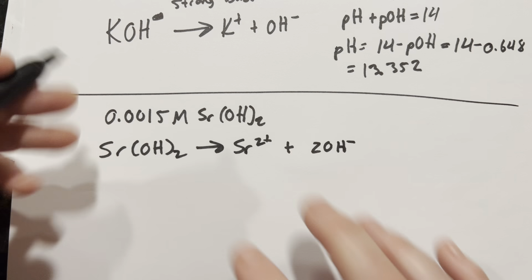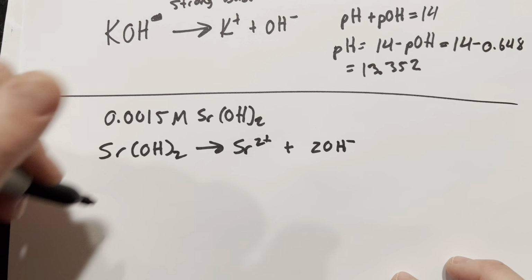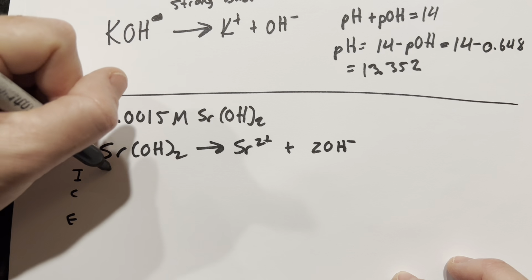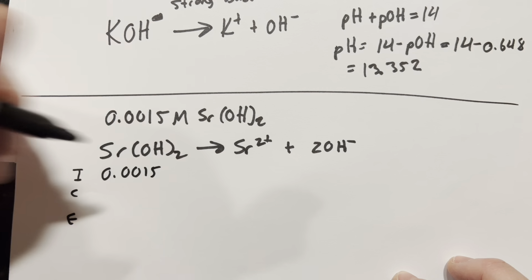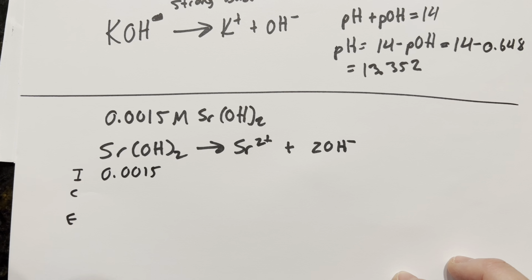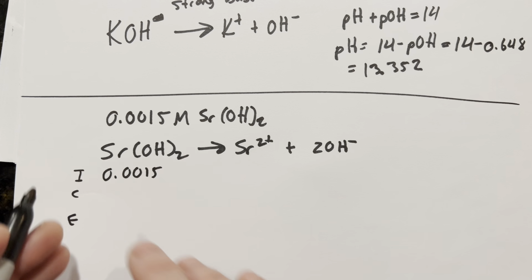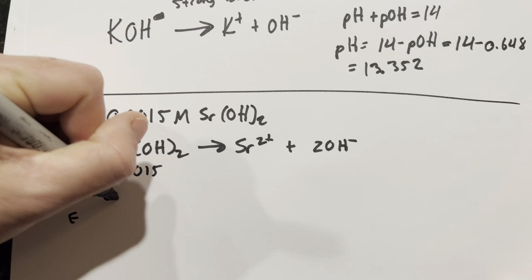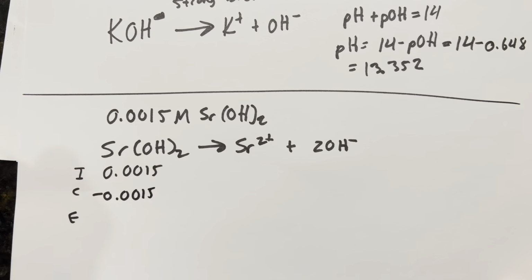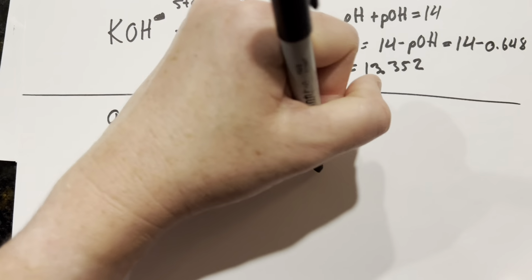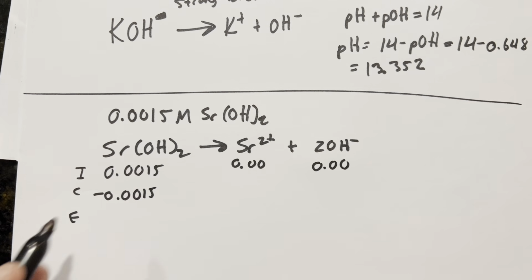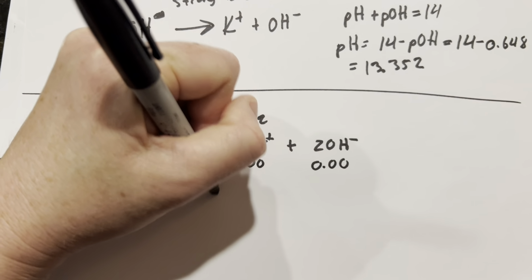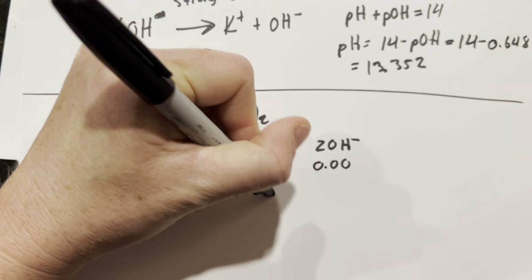So if we were to do our ice table, we start with 0.0015 here. Now remember, this is a strong base, so everything's going to react. We're going to lose 0.0015. These start at 0. If we lost 0.0015, how much did we gain here? Hopefully you're saying plus 0.0015.